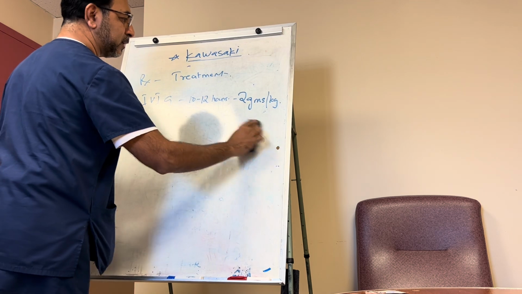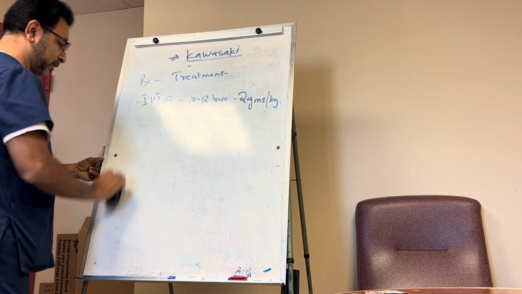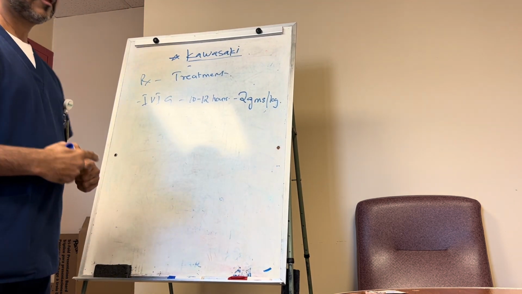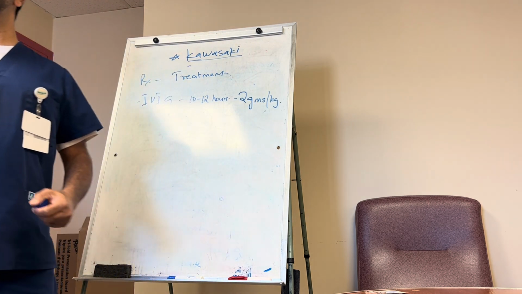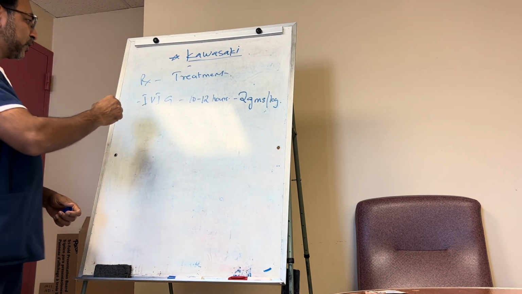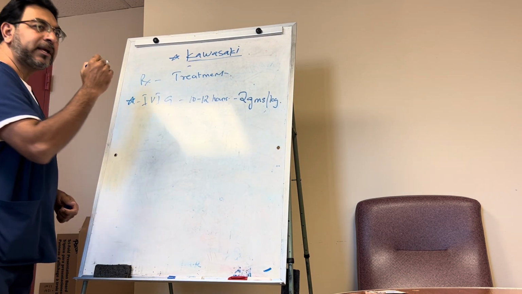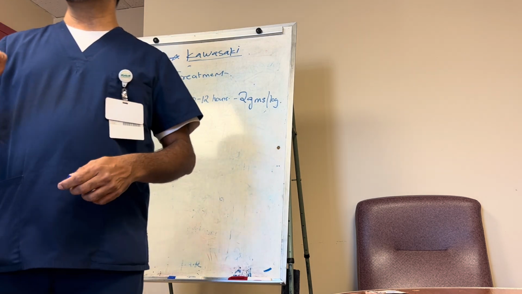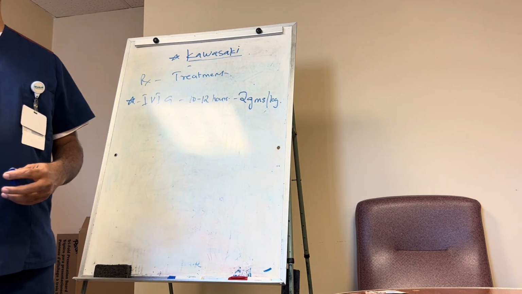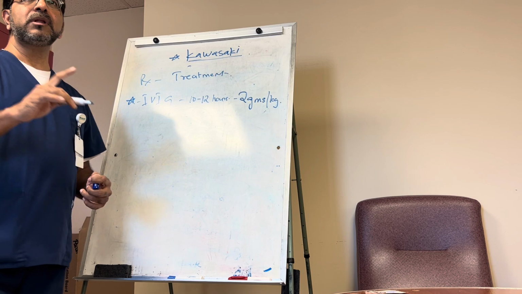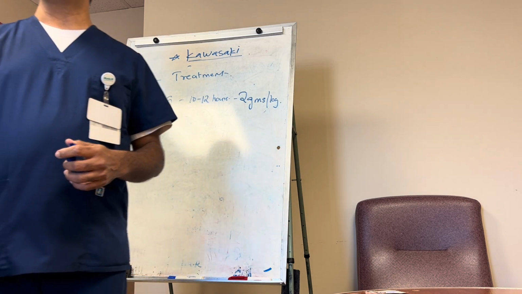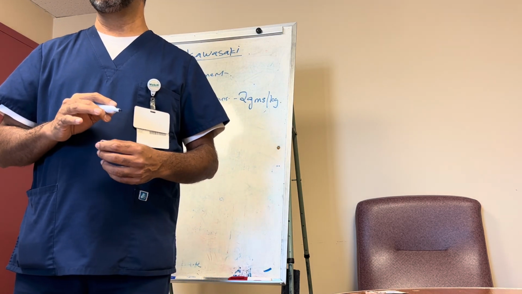In terms of timing, as soon as you make the diagnosis, you have to treat with IVIG. Why? Because IVIG is the only known medication which is known to protect the coronary arteries till date.